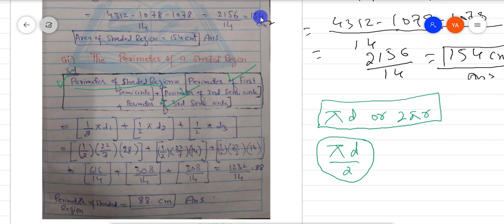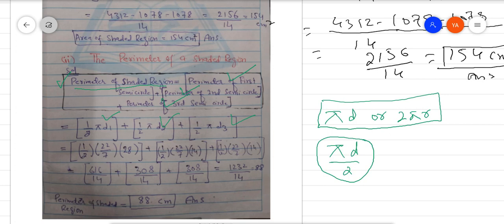Then we divide pi d by 2, and it will be 1 upon 2 pi d. This is the perimeter of the first semicircle, for the second, and this is for the third, where d1, d2, d3 show the diameter of the first, second and third semicircle respectively.